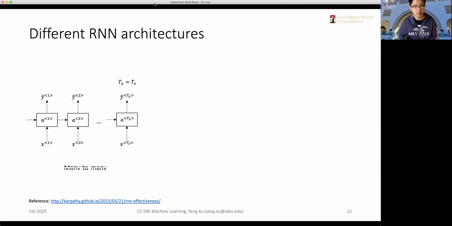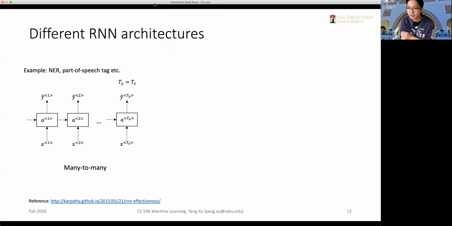In this first type, many-to-many architecture, we have the inputs X, which is a sequence, and the output is also a sequence. This is a very typical architecture for a lot of natural language processing tasks. For example, we know named entity recognition already, and there's also a well-known task called part of speech tagging.